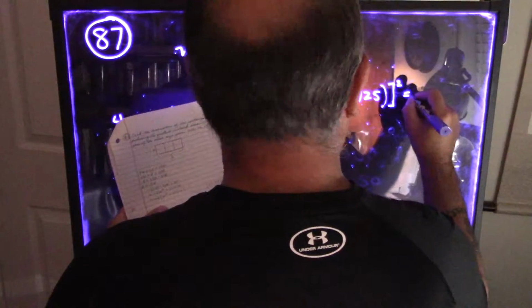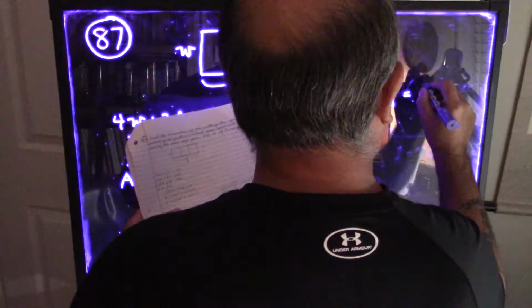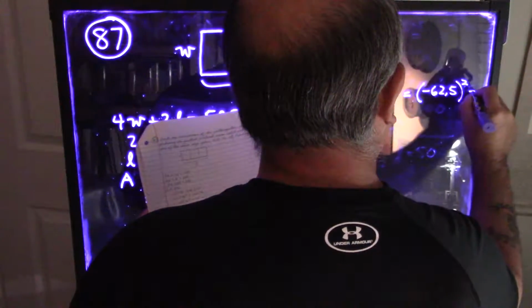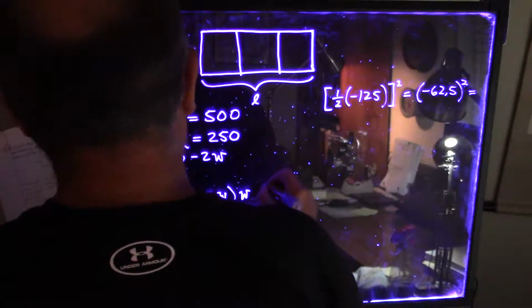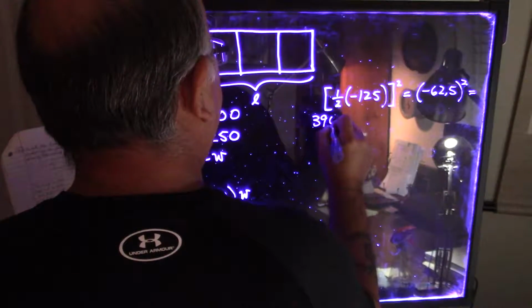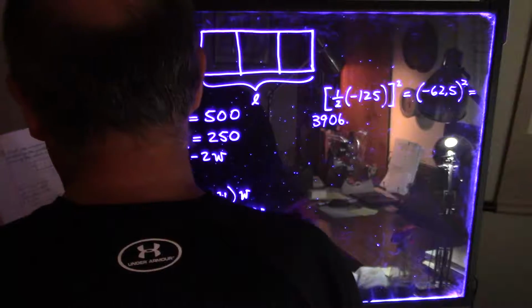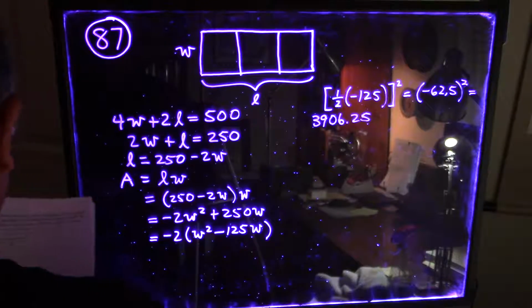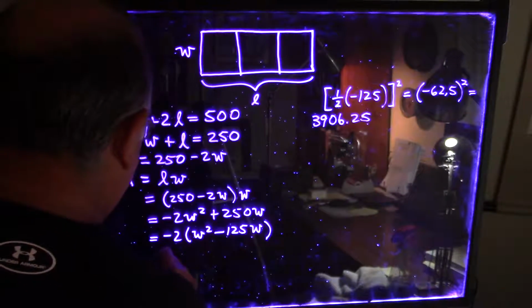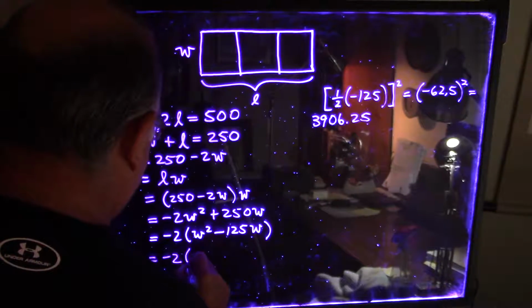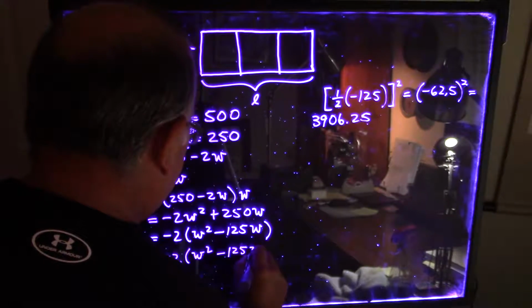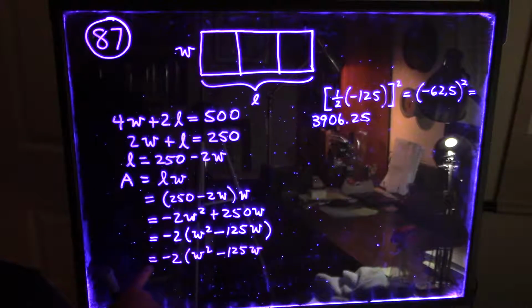So that equals negative 62.5 squared, and that equals 3,906.25. Okay, so now you're going to add and subtract that inside the parentheses. In other words, you're adding 0. So you're not changing the value of this equation. So I'm still justified in using that equation symbol.